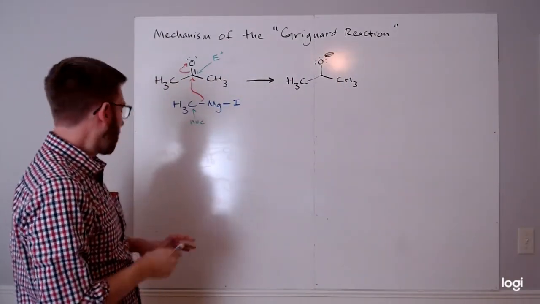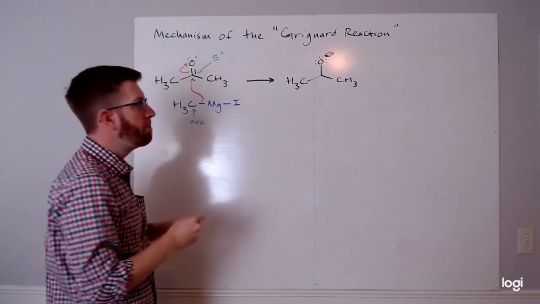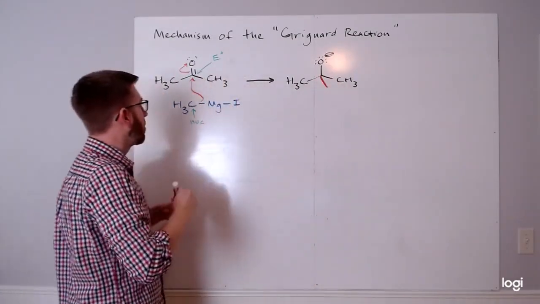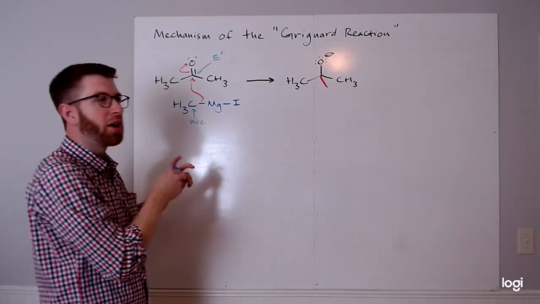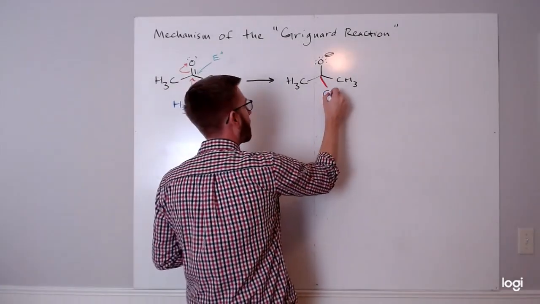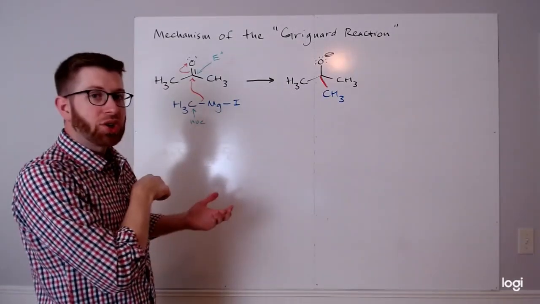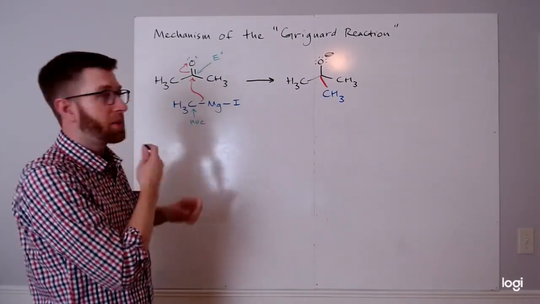And I'll have my new carbon-carbon bond, which I'm going to show in red, to the methyl group that was a part of the Grignard reagent itself. So there we go. This is an addition. We've seen this a million times this semester so far.